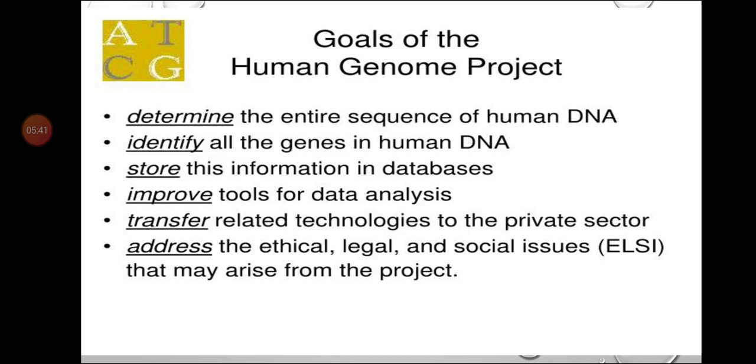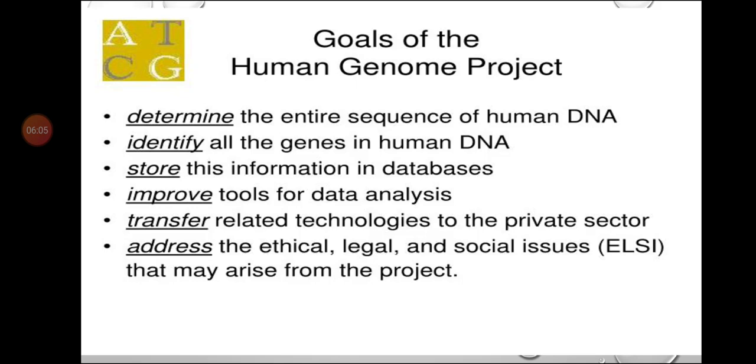These two steps can together be called mapping. Mapping means determining and identifying. We can say that the first aim is mapping the entire human genome at the level of nucleotide sequence.